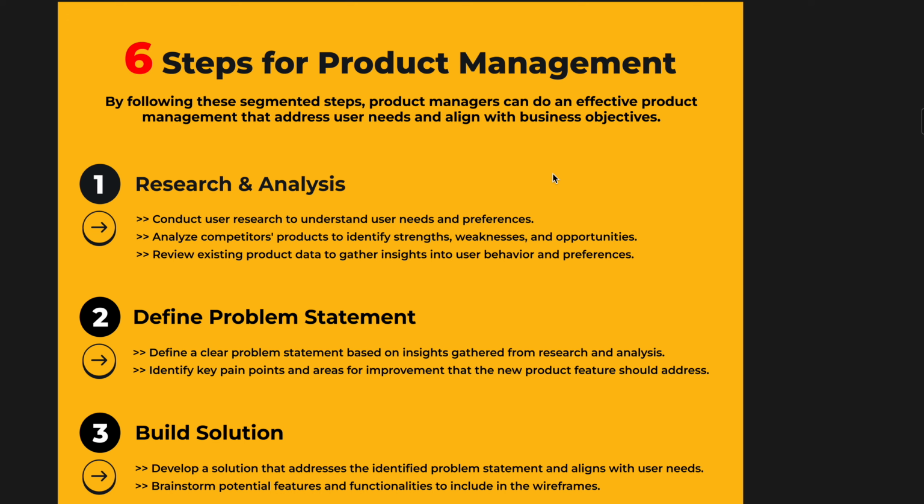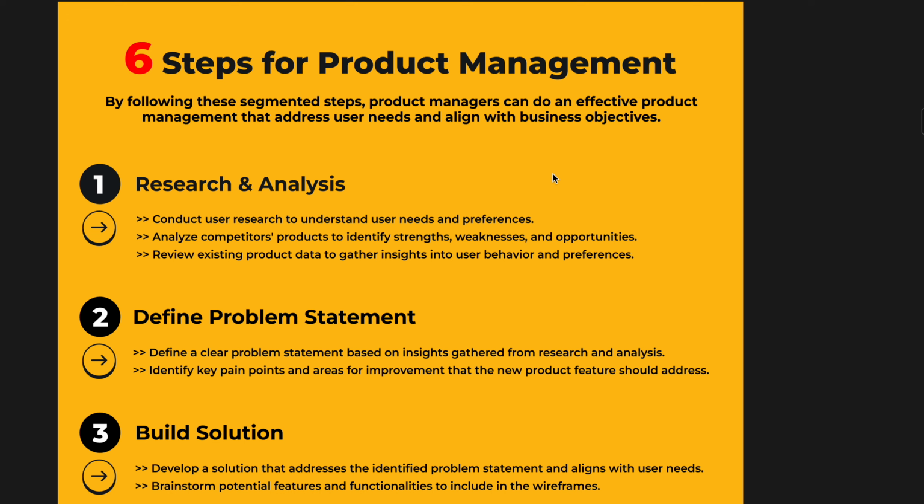So you need to do a competitors analysis, with which you will be able to understand what other competitors are actually trying to build, which might solve your problem statement. So this will help you understand the strengths, weaknesses and the opportunities which are available in the market for a product manager to build.